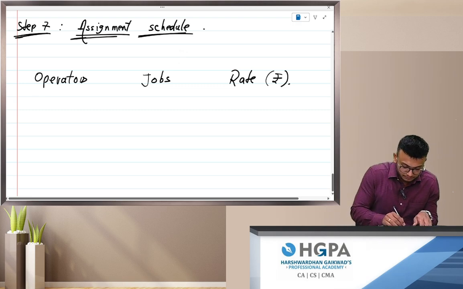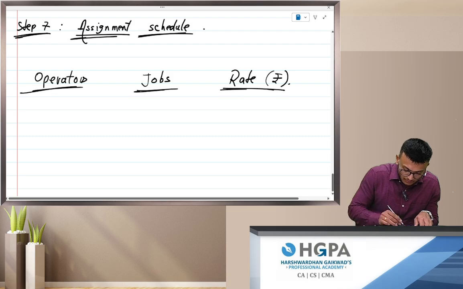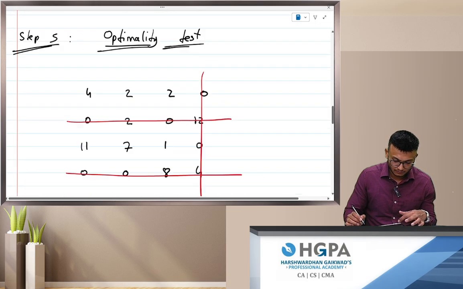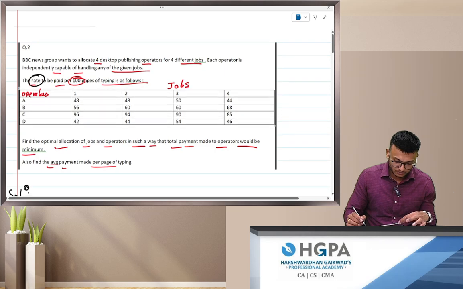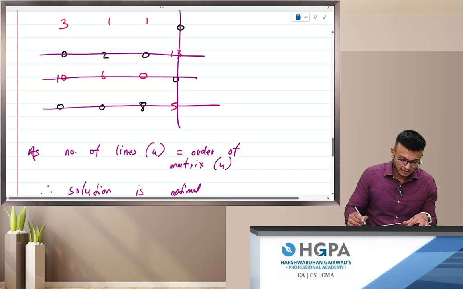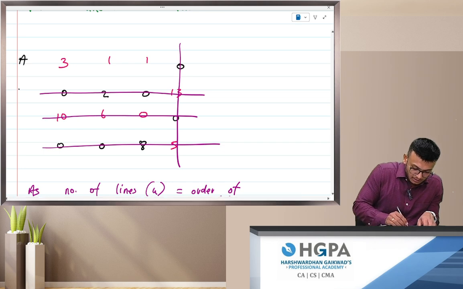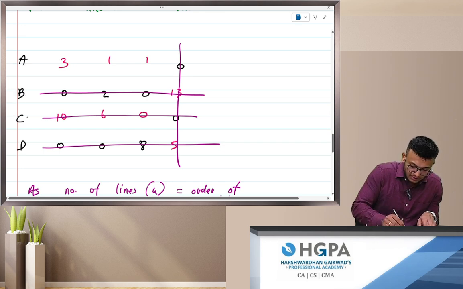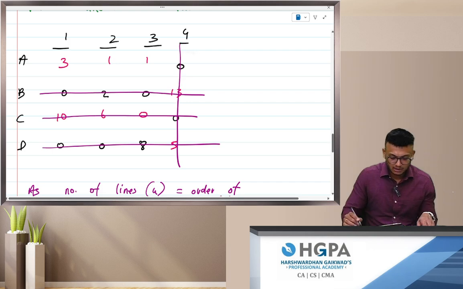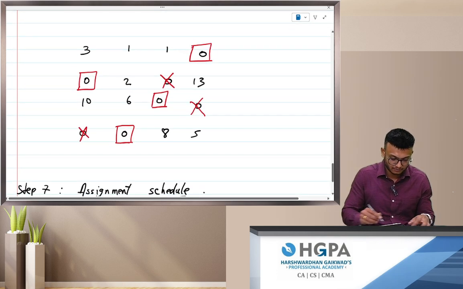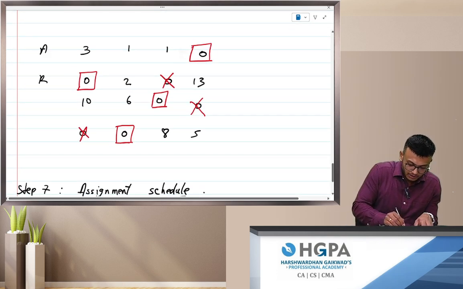Okay. Now, operator A, just one sec. Operator is over here, jobs is over there. So these are your operators A, B, C, and D, and this is 1, 2, 3, and 4. These are your jobs. So, my bad here. A, B, C, and D. 1, 2, 3, and 4.